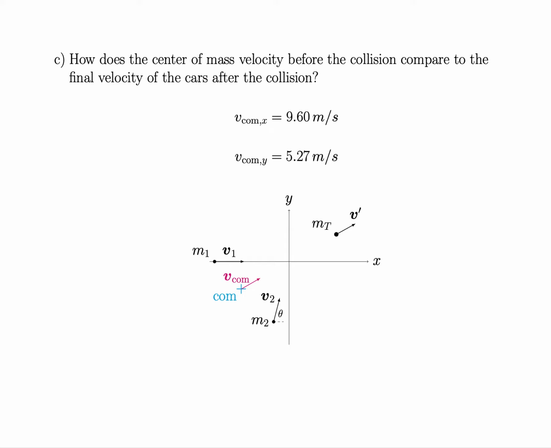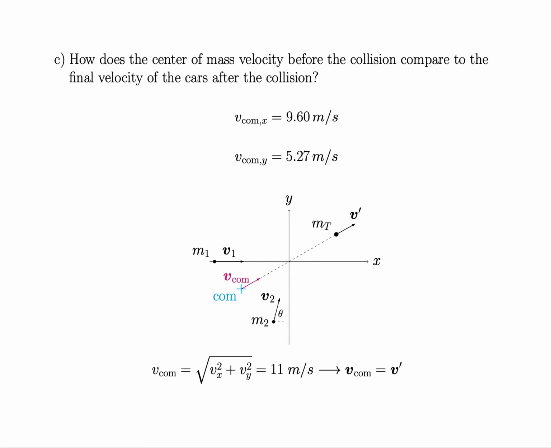What I've drawn on the diagram now is the two cars, after they're stuck together, a total mass of 3,300 kilograms, traveling at their final velocity v prime that we calculated in the previous problem. I think that came out to be 11 meters per second.